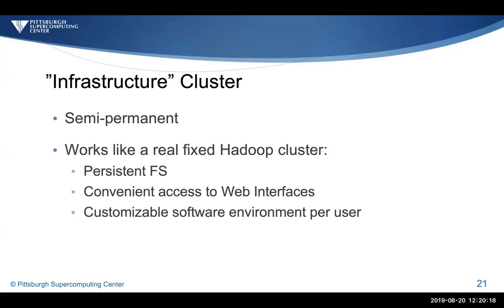And finally, we make it possible using software modules to configure the software environment per user. The same version of the Hadoop daemons will be running on all of these, but you can use different versions of Spark, for instance, or different versions of HBase or Pig, or whatever you want to use on top of these, and they can all use the same Hadoop system at the same time.